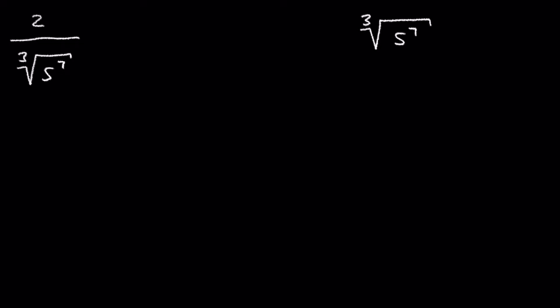What is the third root of 5 to the 7 multiplied by itself? According to the multiplication rule for roots, we get the third root of 5 to the 7 times 5 to the 7. And according to the multiplication rule for exponents, we get 5 to the 14 under the root.